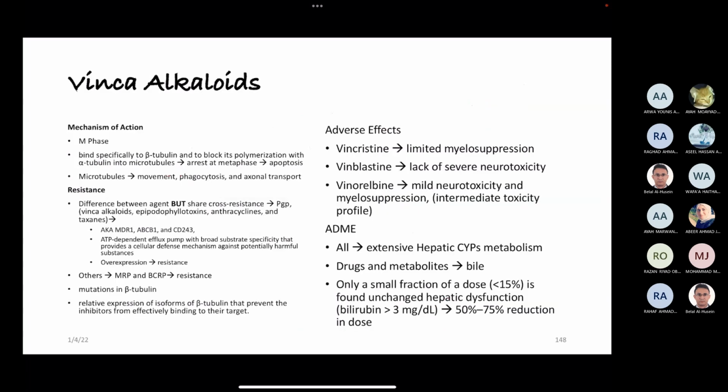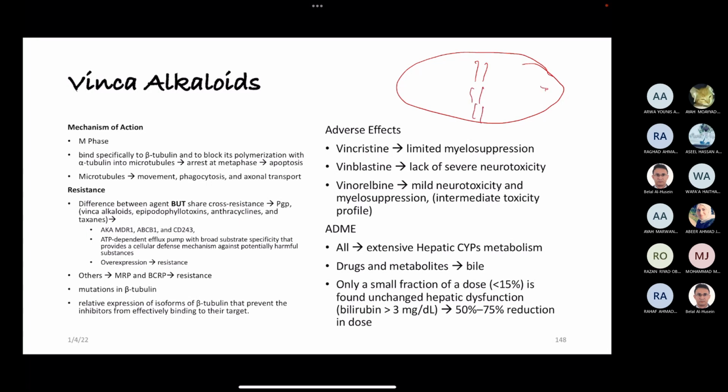So in general, vinca alkaloids disrupt microtubule structure. And microtubules are not only involved in mitosis. As you know, when cells divide, they divide their genetic material.